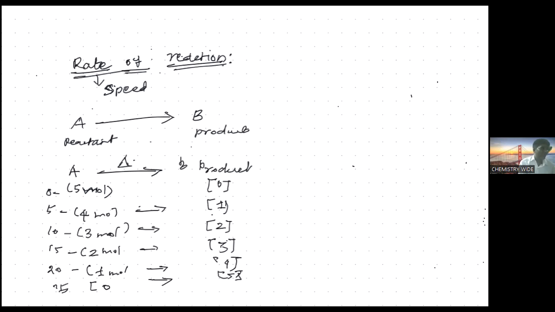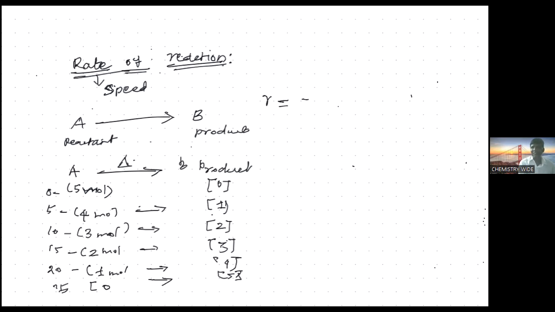So rate of reaction can be defined in 2 ways. First, the average rate of reaction, that is called R. The reactant will always be minus because it is going to decrease.